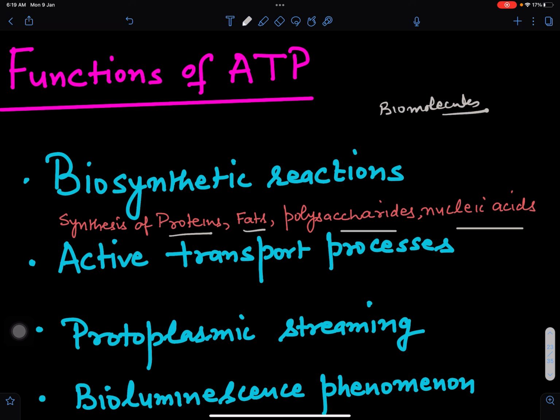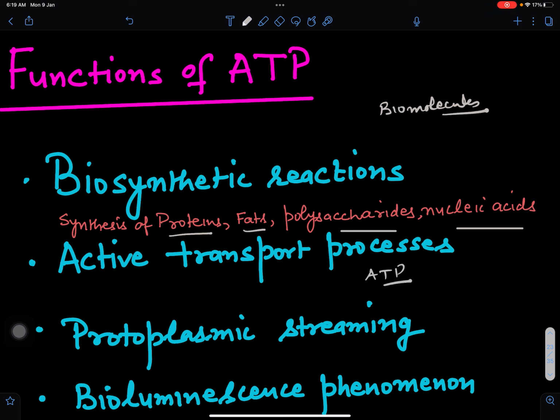And whenever any transport occurs, like in the plant's vascular tissue, xylem and phloem, right. So when movement of nutrients occurs or movement of water and minerals occurs, and that is happening actively, right, for the active transportation process, again ATP is required.